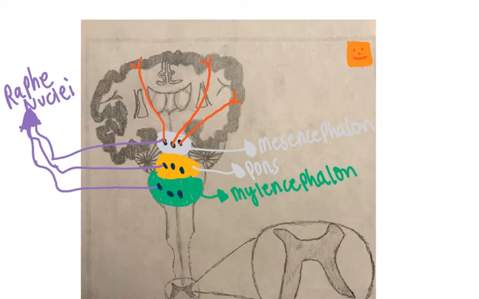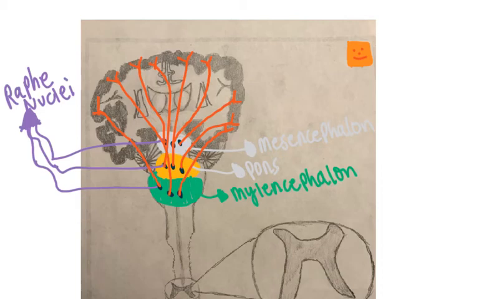We have axons going there, deep through the white matter of the cerebrum and into the cerebral cortex. So let's draw these three into the cerebral cortex, and one more. All of these axons projecting from our Raphe nuclei, part of the mesencephalon, the pons, and the myelencephalon, or the medulla oblongata, and the mesencephalon is also known as the midbrain, are going to go into the cerebral cortex and release their serotonin neurotransmitter.